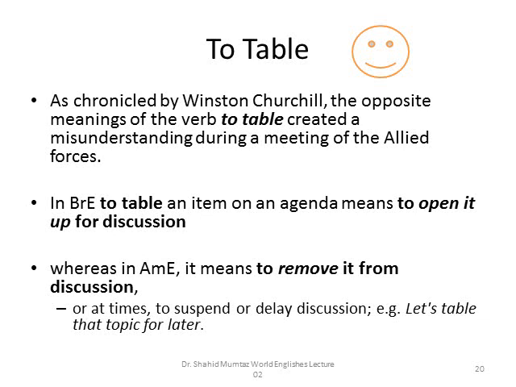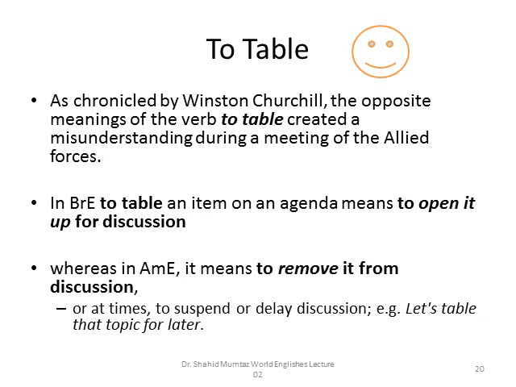So there was a meeting of the Allied forces. Allied forces, you can understand how important that would be. In that meeting, what happened? Let's see. In British English, to table an item on an agenda means to open it up for discussion.